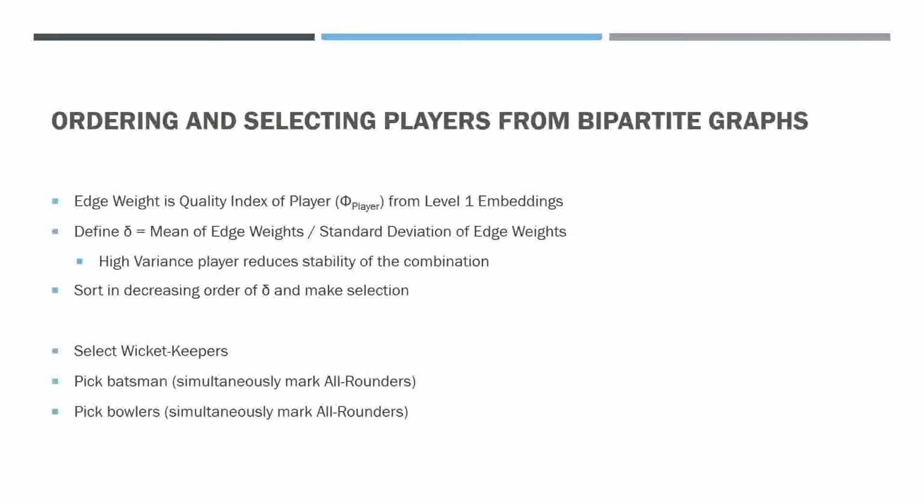And also the future aspects of this system are as follows. Recently the ICC, that is the International Cricket Council, announced a rule, the concussion replacement rule, where if a player suffers from a concussion during the match, then the player can be replaced by another player.